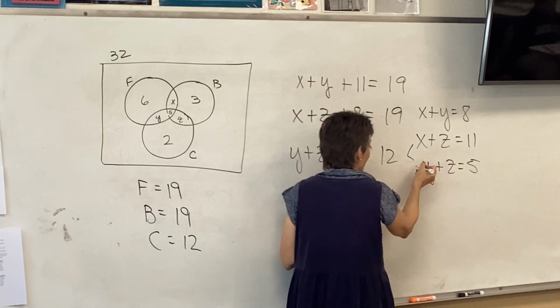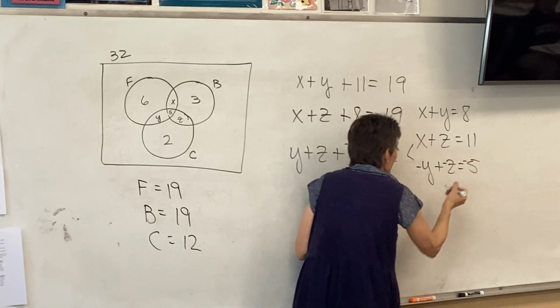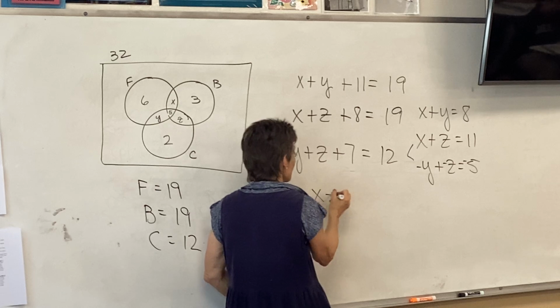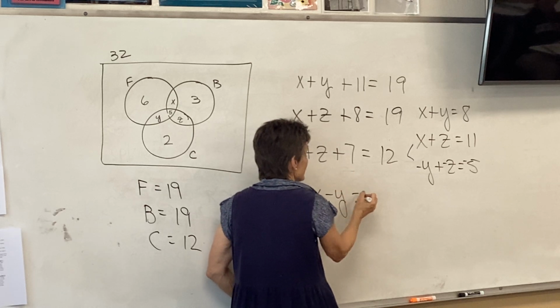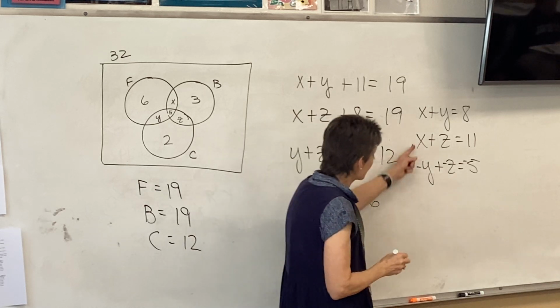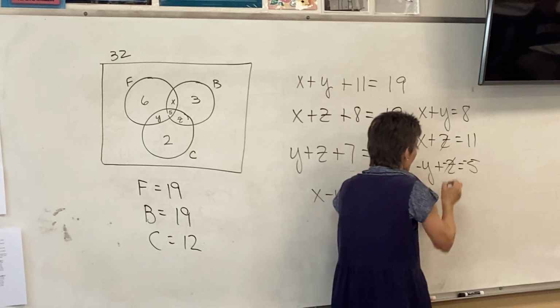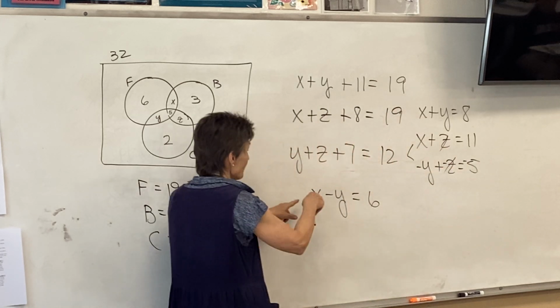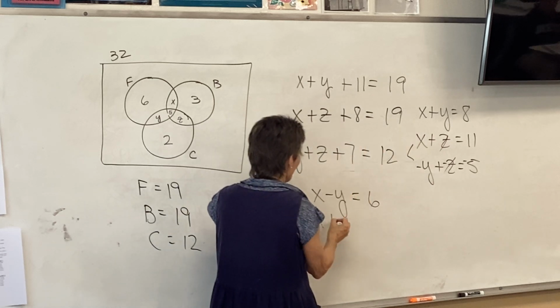If I multiply this by a negative, then I will lose my z's. So I will have x minus y equals 6. X minus y, these will be gone, equals 6. Agreed? Now I compare that one with the top one.